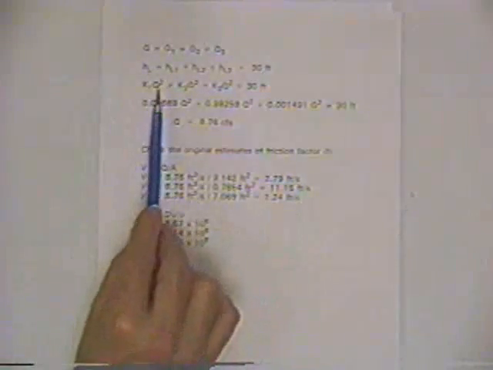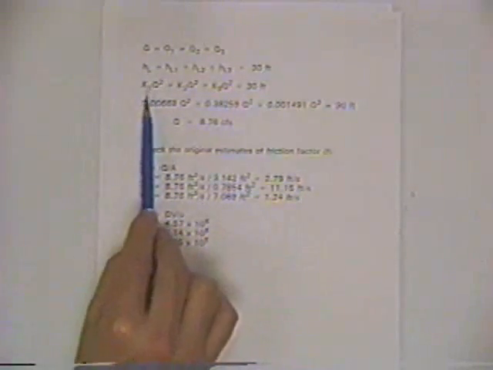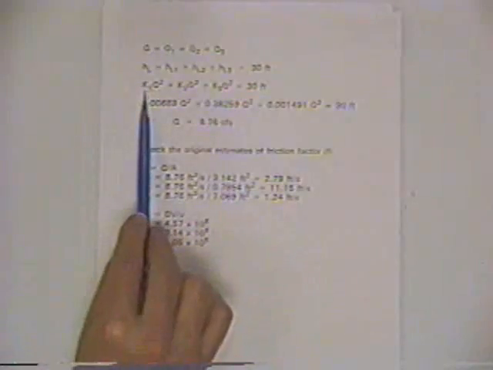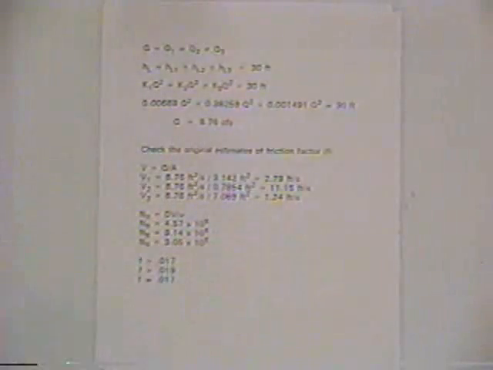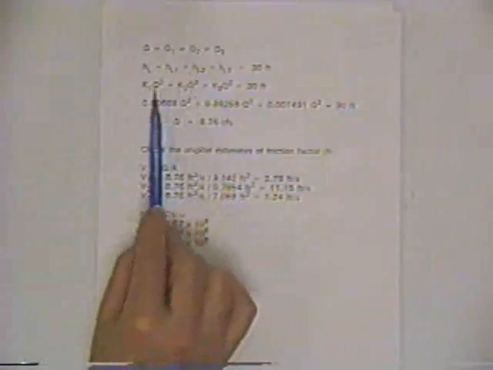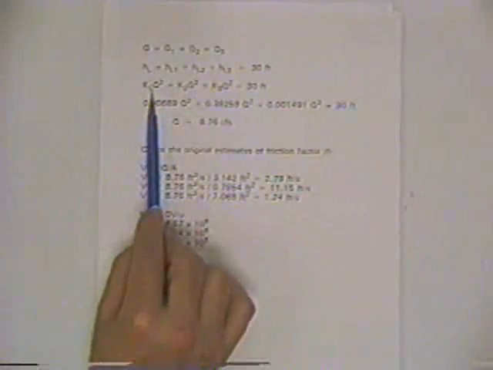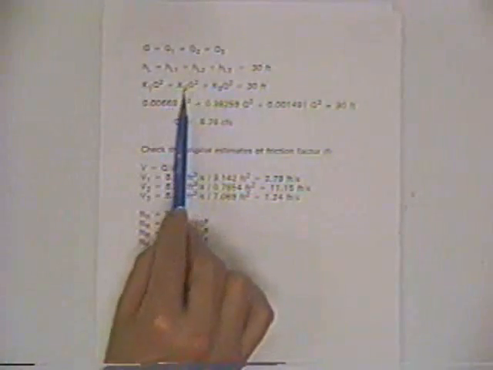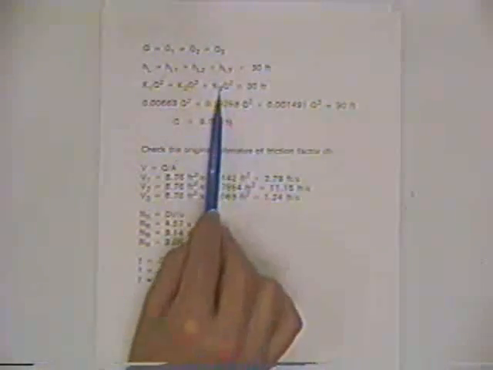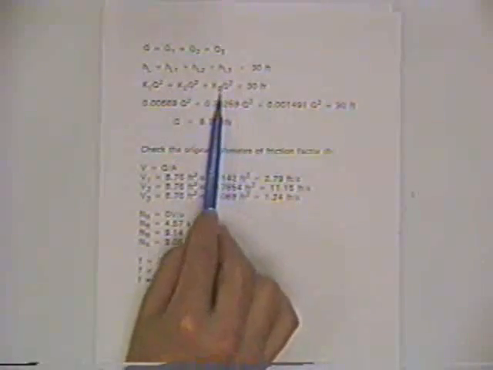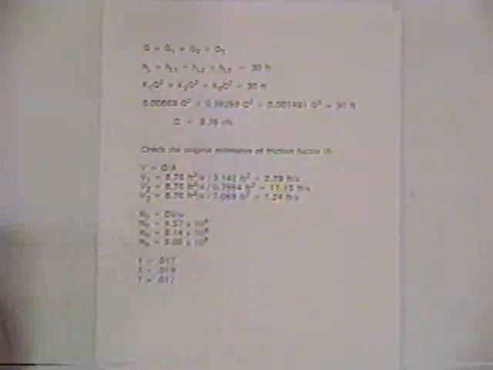For each pipe we could write out the Darcy-Weisbach equation, but for convenience we're just saying K times Q squared, so we don't have to write the whole equation each time. So head loss in pipe 1 is K1 Q squared, head loss in pipe 2 is K2 Q squared, and the Q's are the same. Then K3 Q squared for the head loss in the third pipe. All those head losses sum up to 30 feet.